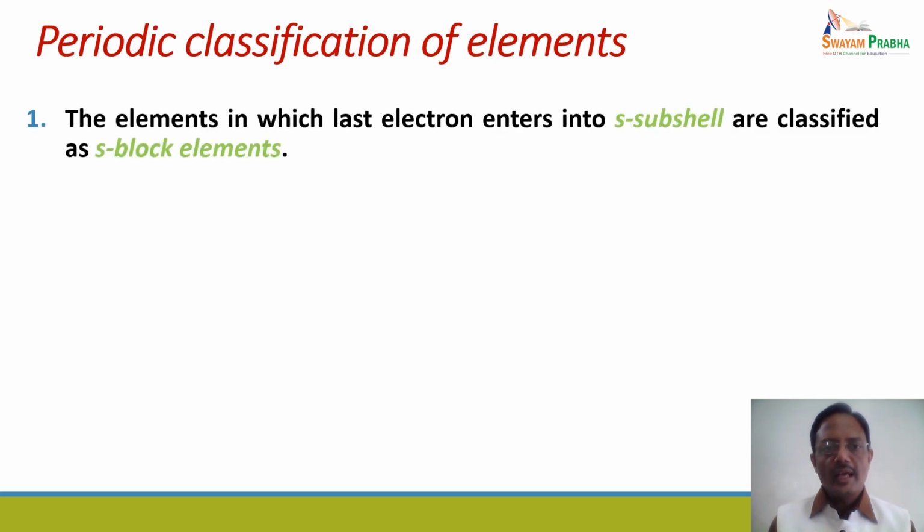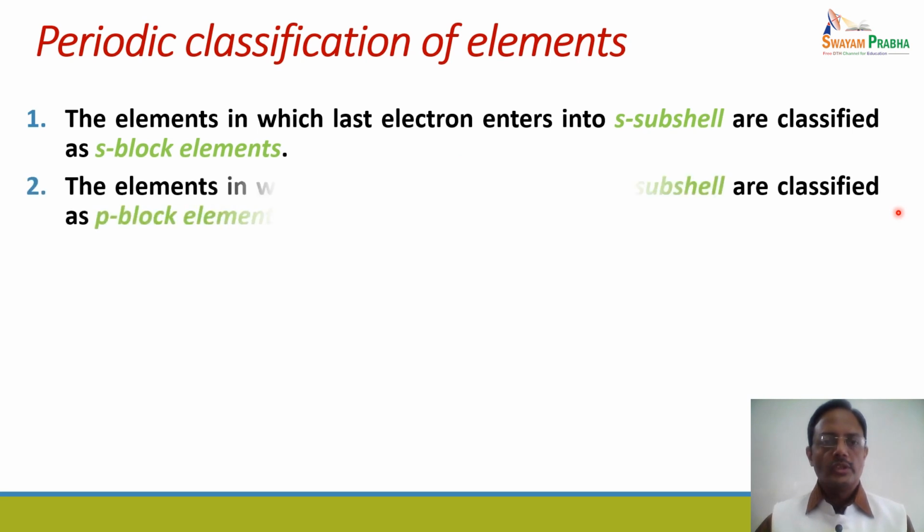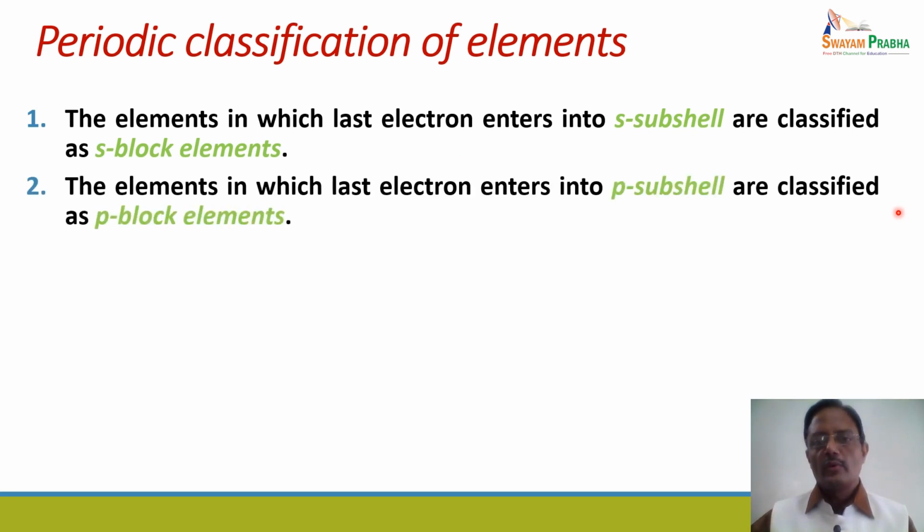The first type of elements where the valence or distinguishing electron or the last electron enters into S subshell, they can be classified as S block elements. So S block elements are those elements where the last electron enters into S subshell. Similarly, on the basis of last electron entering into P subshell, the elements are classified as P block elements.